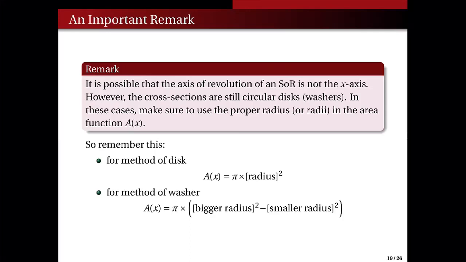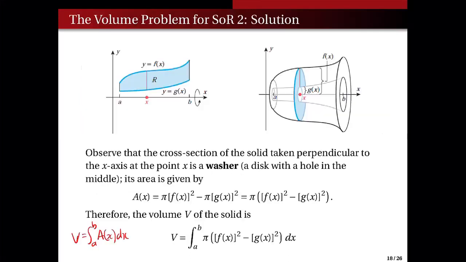Yes, question? How do we know the difference between a washer and a disk, like when to apply which one? When you have the region and you try to revolve it, you get your approximating rectangles. When you revolve it, it will create some solid, like this.